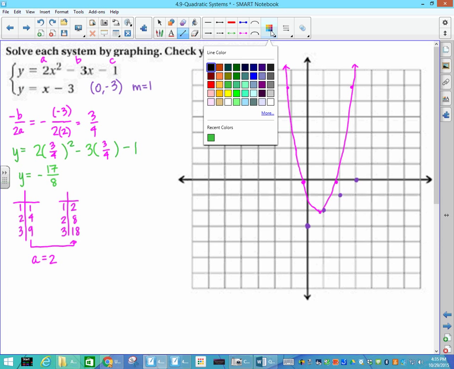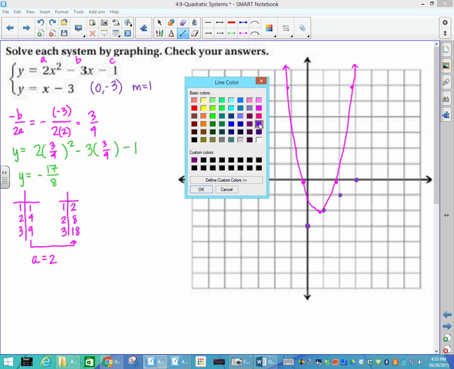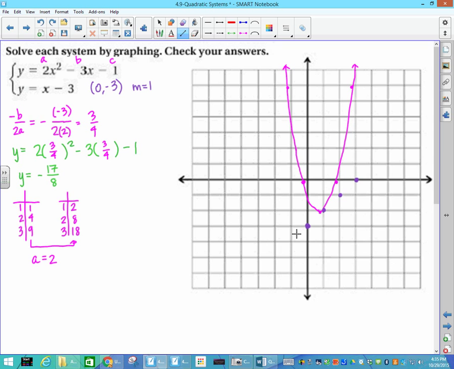So now I'm going to graph my line, and it's looking something like this. I could probably straighten that out some. That goes through there.